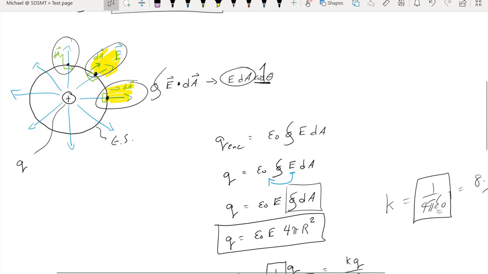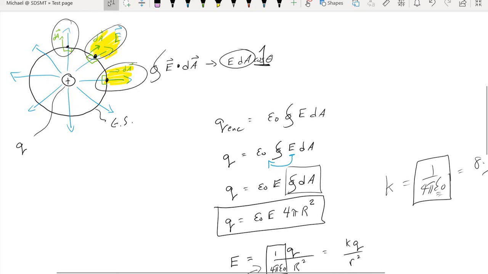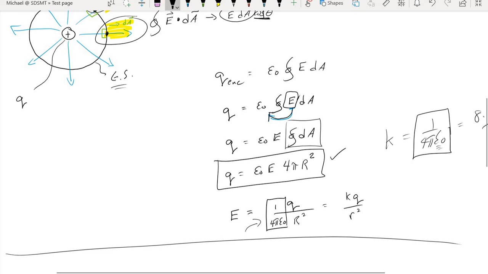What made Gauss's law work so well for the sphere was that we were able to argue that the electric field should be uniform at all points on the surface of our Gaussian surface. And that meant that we could pull that electric field expression outside of the integration, and then we were able to solve for the field magnitude.